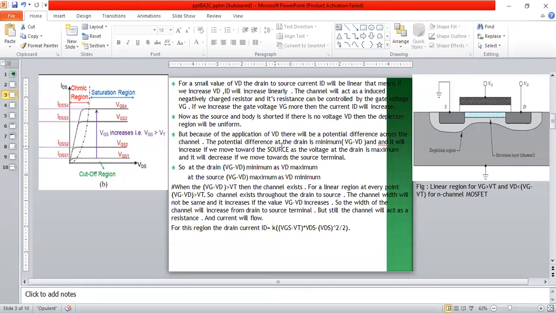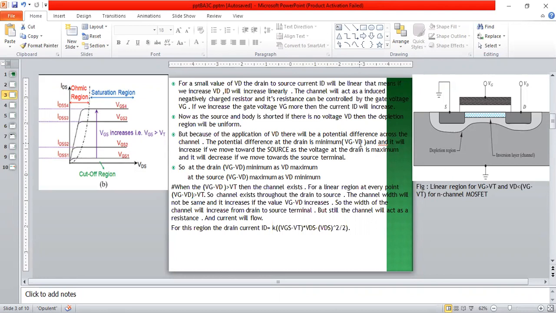The potential difference at the drain is minimum, Vg minus Vd, and it will increase as we move toward the source, as the voltage at the drain is maximum. So here we can see this is the drain terminal, and we have applied a positive voltage at the drain terminal. So the drain voltage Vd is maximum here.